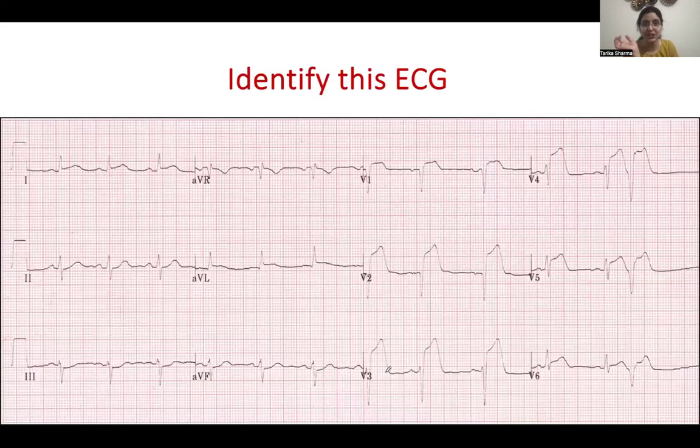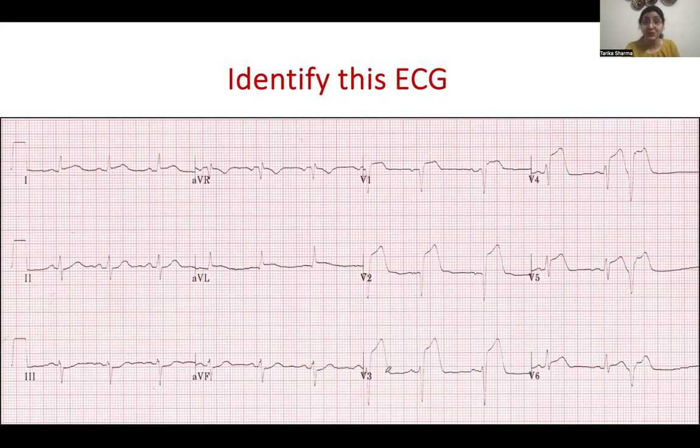So the first ECG, you have to identify what is abnormal in this ECG. Is it normal or is it abnormal? And if it is abnormal, which abnormality you can find in this ECG strip. So I'll give you some time so that you can see it, analyze it, and then interpret what the finding was.